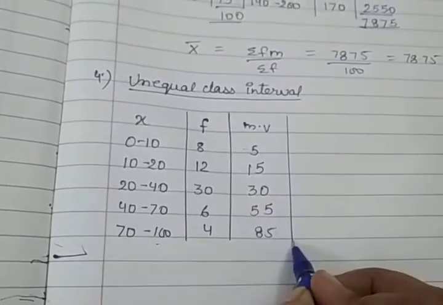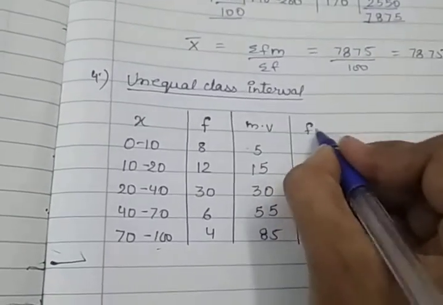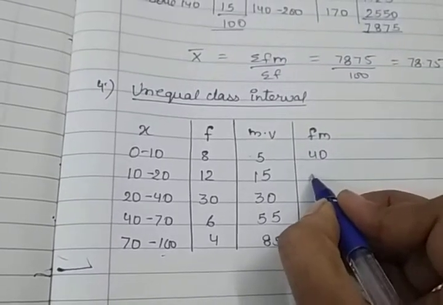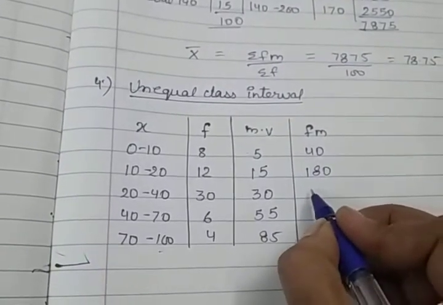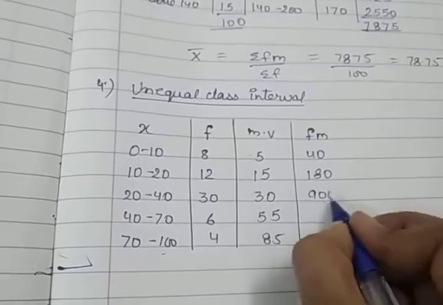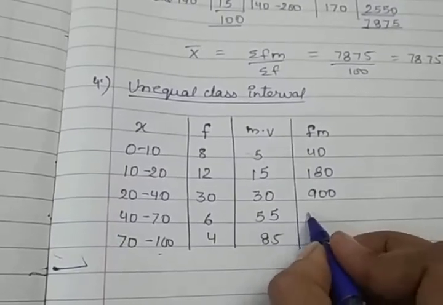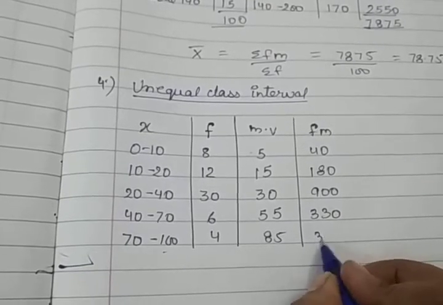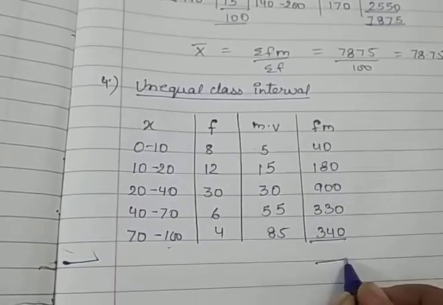So with the direct method, I am using it directly. So f into m: 8 into 5 is 40, 12 into 15 is 180, 30 into 30 is 900, 55 into 6 is 330, and 85 into 4 is 340. So we want the total of this and the total of this.